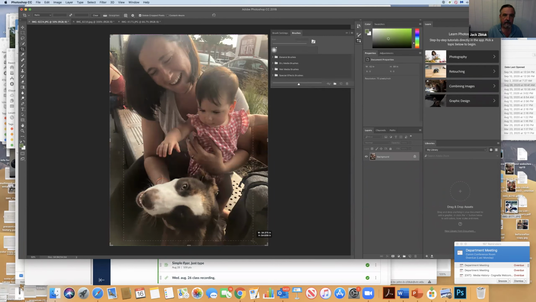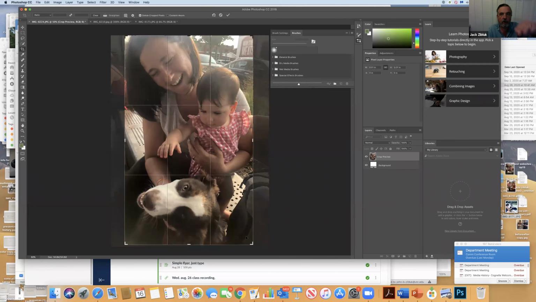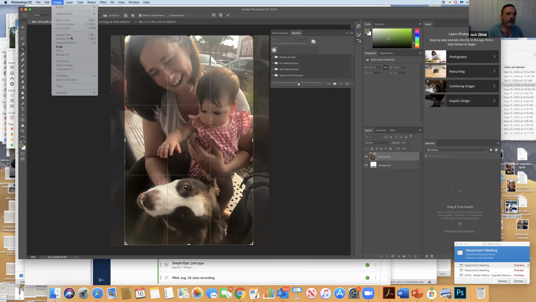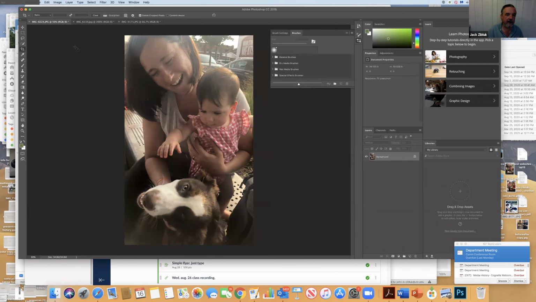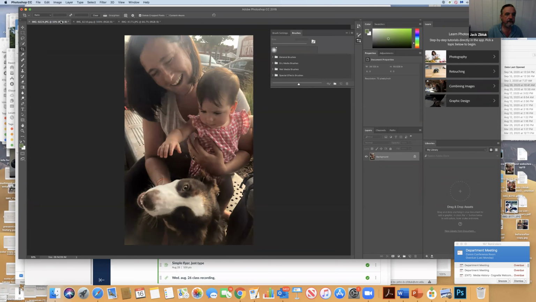Here is our picture. And don't be afraid to make a picture a little taller or a little more narrow. The world doesn't come in a perfect 4x5 format.